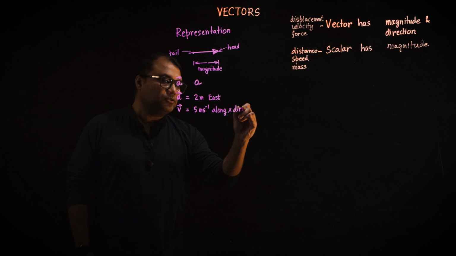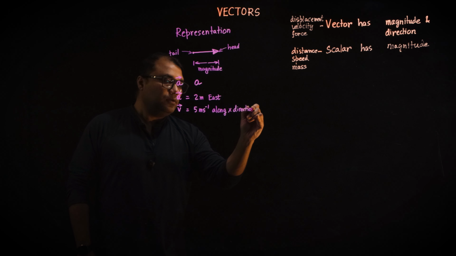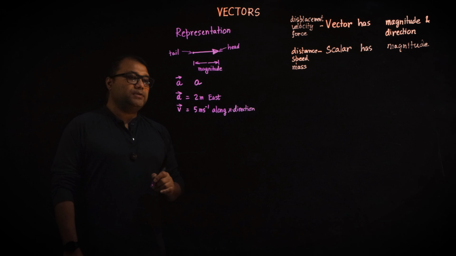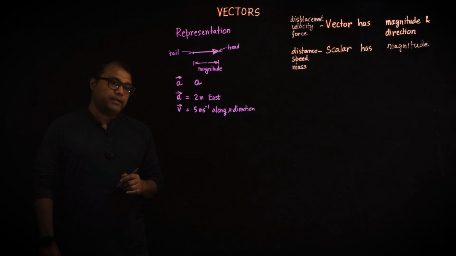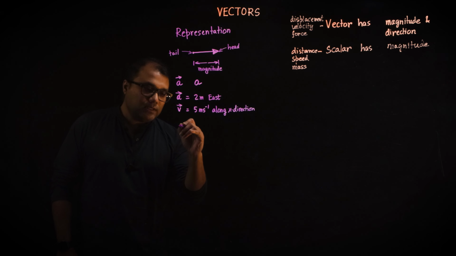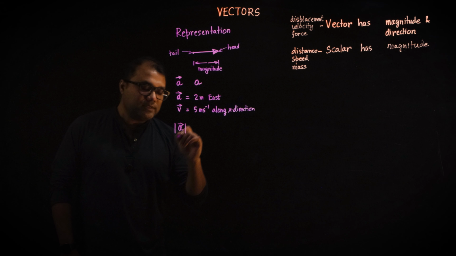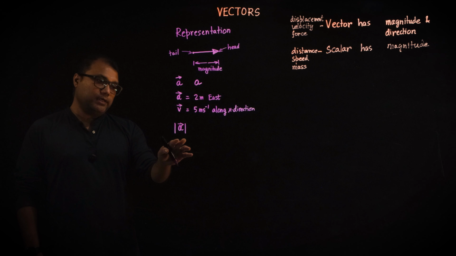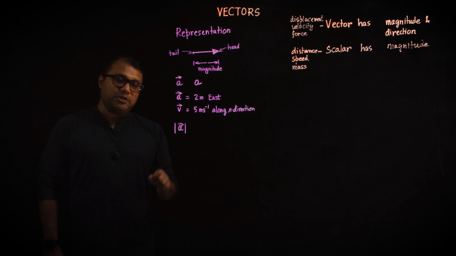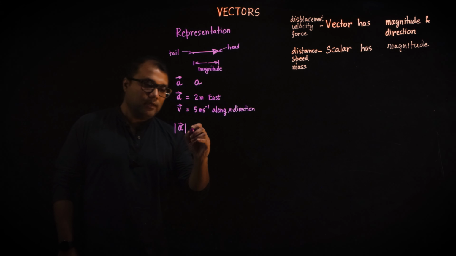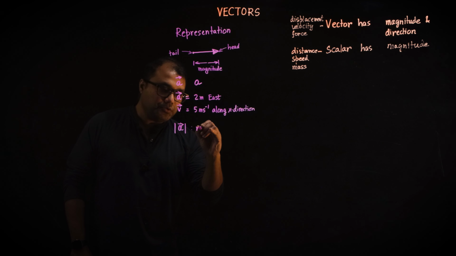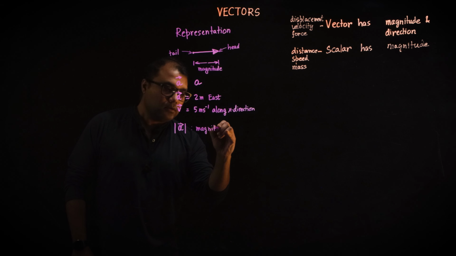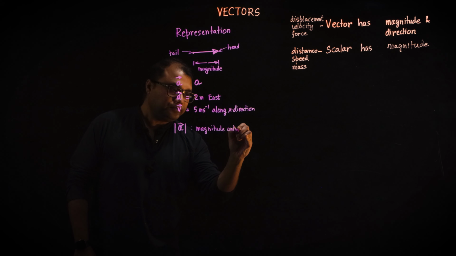Some direction should be mentioned. Then it's a proper representation of the vector quantity. Now, a few other things. If I represent a vector quantity with two lines on the sides, this is called the modulus of a vector quantity. This represents the magnitude only.